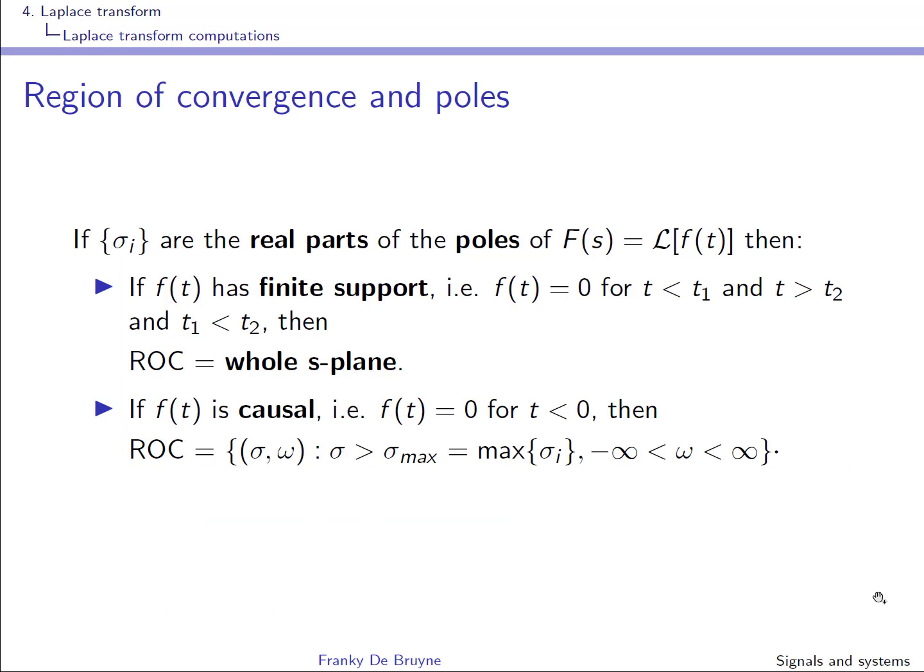So here we'll consider the Laplace transform of f of t. It will be F of s, right? And this F of s has poles, we'll call them p_i here, and the real part of p_i will be called sigma_i. Okay, so this is what is written over here. So let us first take the case of an f of t that has finite support.